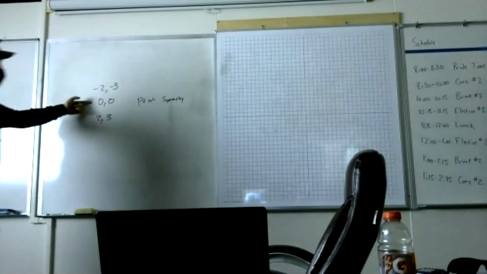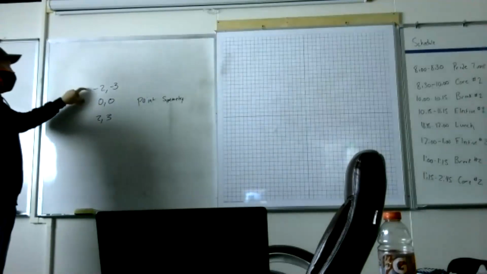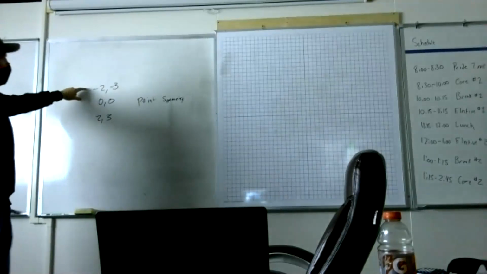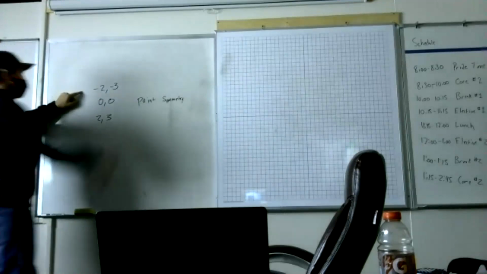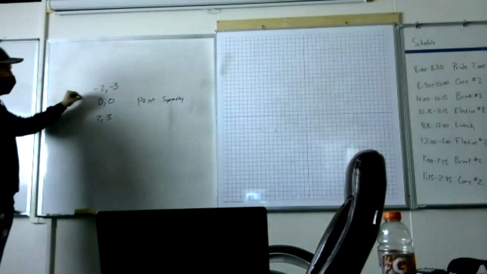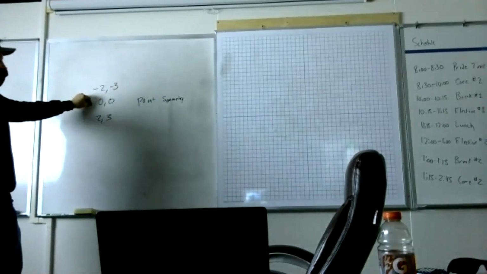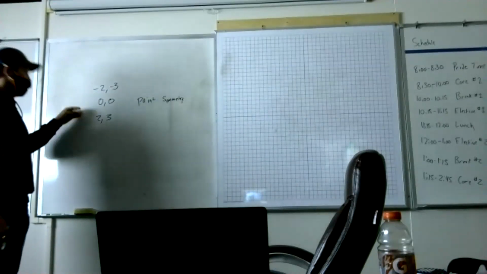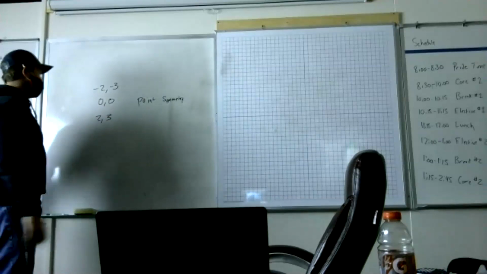From this point, I went to the left 2, and I went down 3 to find 2, -3. If it has point symmetry, I should be able to do the exact same thing, just in the opposite directions, to find that it has point symmetry.